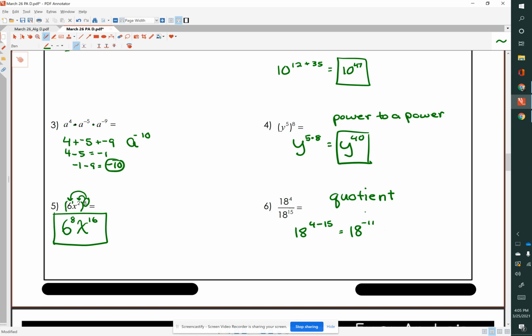We're not happy with a negative exponent in our answer. So we will revise this answer so that we have 18 with a positive exponent of 11 in a denominator with a numerator of 1.